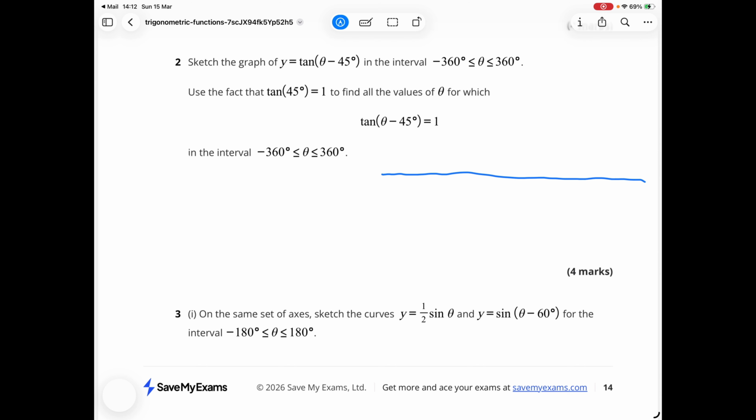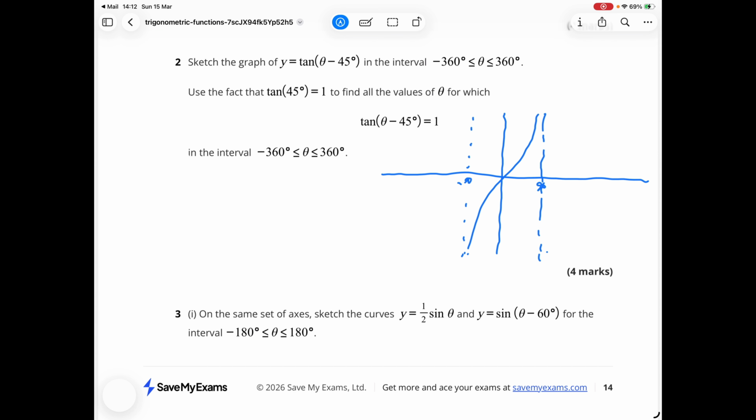This doesn't go from minus 1 to 1, but if you remember, at 90 there's an asymptote, and this is minus 90, also an asymptote. So that goes like that.